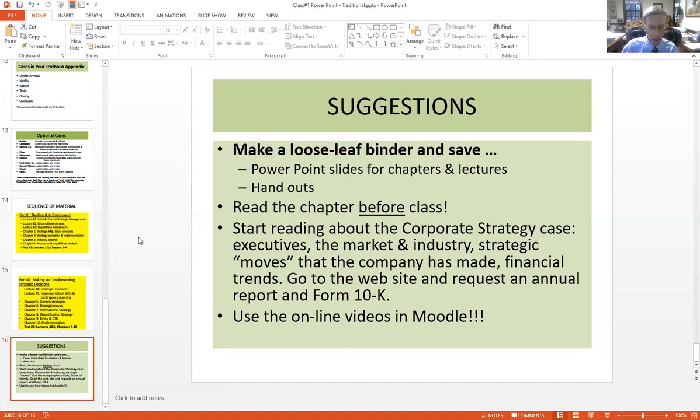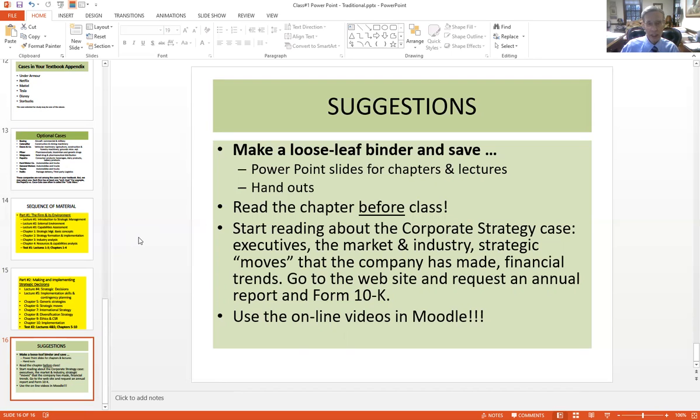And so when we get to the 7th week, you'll have your material, you'll be prepared to participate in the discussions, and more importantly, you'll have material for review when it comes time to take the final exam. So it's a smart move to make a 3-ring binder.